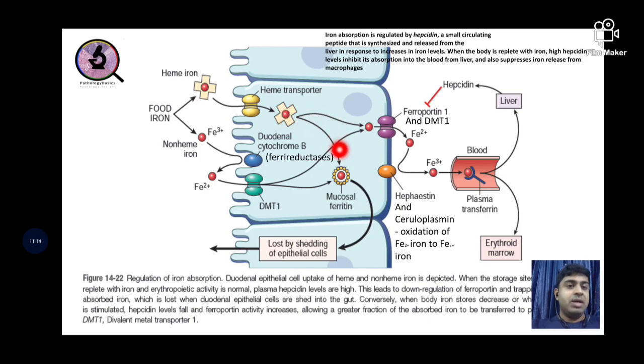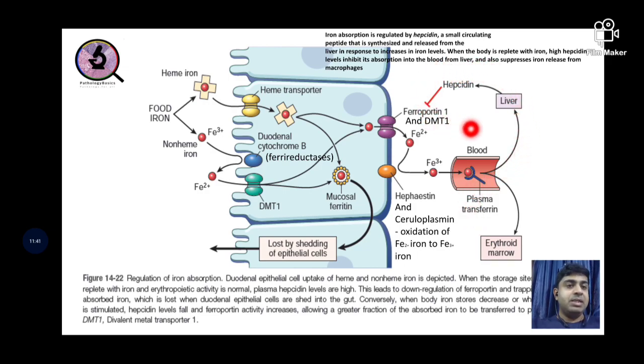The iron can be transported through ferroportin and DMT1. Again, ferrous iron is converted to ferric iron with the help of hephaestin and ceruloplasmin oxidation. It joins with transferrin, and it is transported through different parts of the body, like it is transported to erythroid marrow. It can be taken back into the liver.